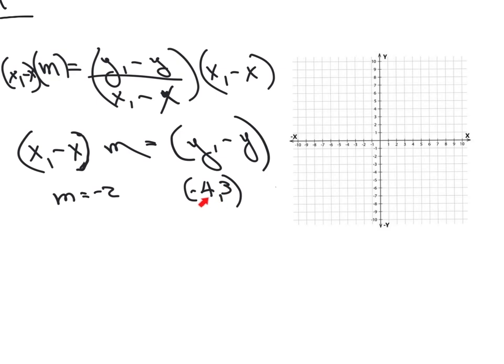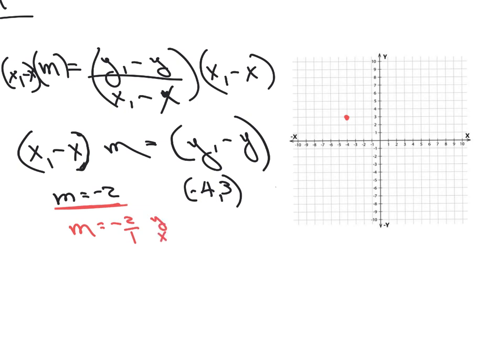So let's say that we just want to graph it. We know the point negative 4, 3. That's all they've given us, so we at least know that we have a point right there. We also know that we have a slope, and that slope can also be written as negative 2 over 1, where 2 is the y and 1 is the x.